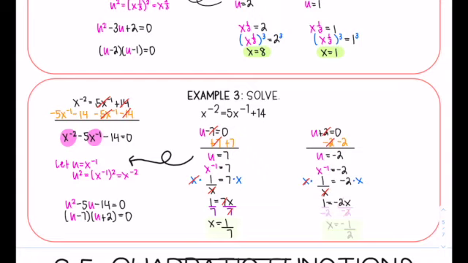And we're going to divide both sides by negative 2. So we get x equals negative 1/2. So our two solutions are x equals 1/7 and x equals negative 1/2.